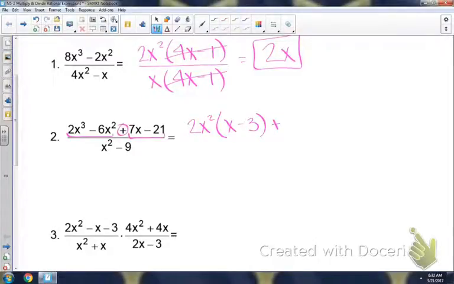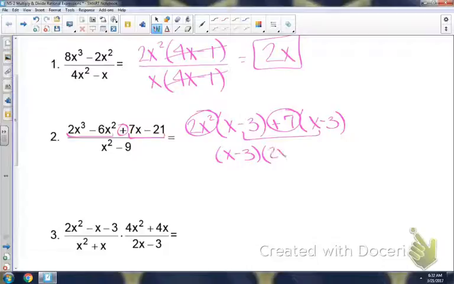Those last two have 7 in common. You're left with x minus 3. So remember yesterday we talked about these two should match up, and they do. So that's one of the factors. And then your other one is 2x squared plus 7. So there's my top factor.